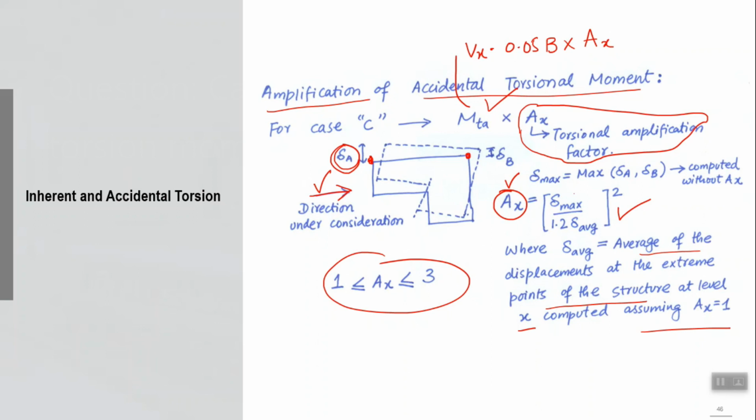So first you apply accidental torsion without any amplification factor, and check. The results of that initial accidental torsion load case will tell you whether you qualify to apply Ax or not.